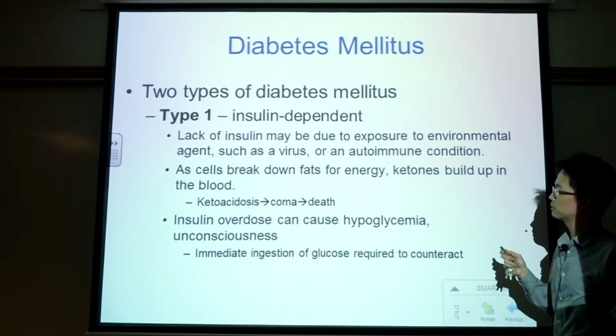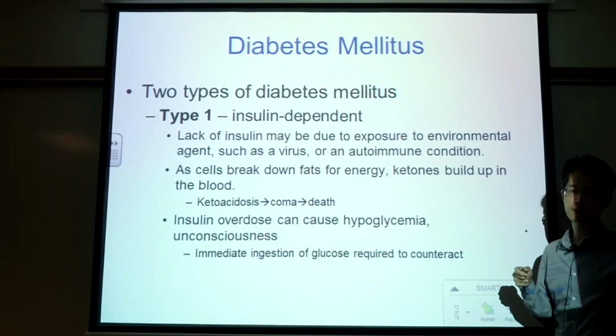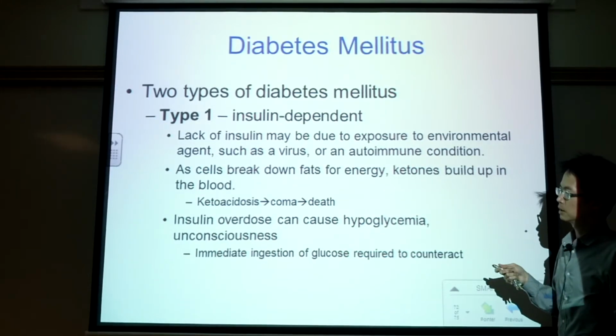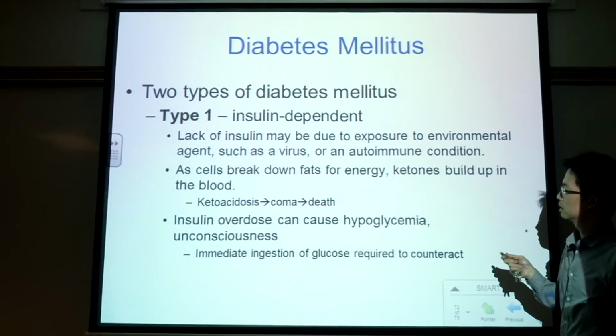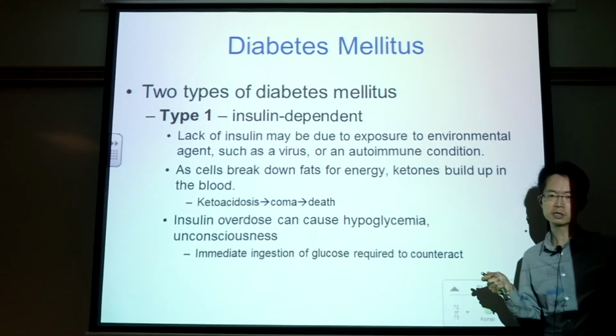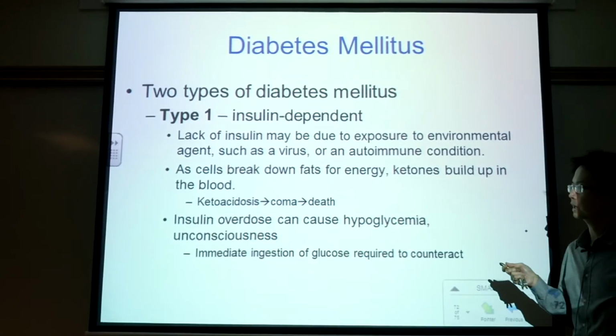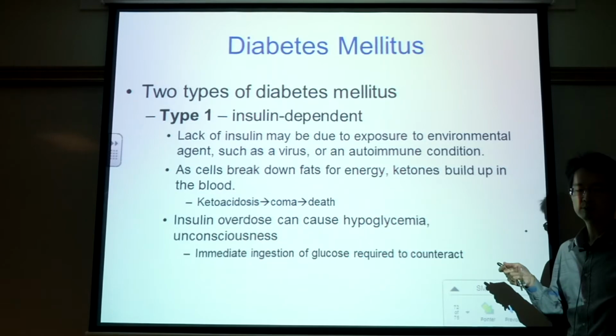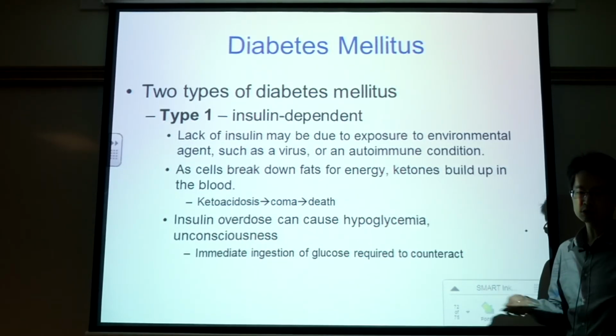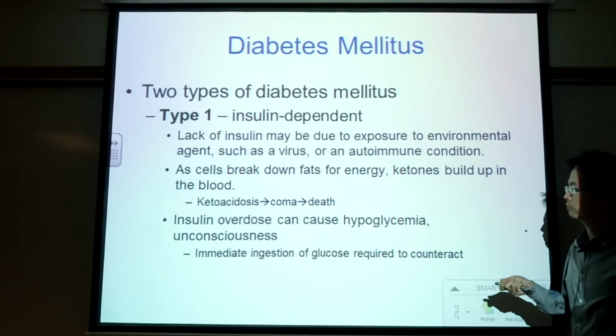So the immune system may attack the pancreatic beta cells, and then cells break down fat as energy, because glucose cannot be absorbed into the cell. When glucose cannot be absorbed, the body cells cannot use glucose for energy.